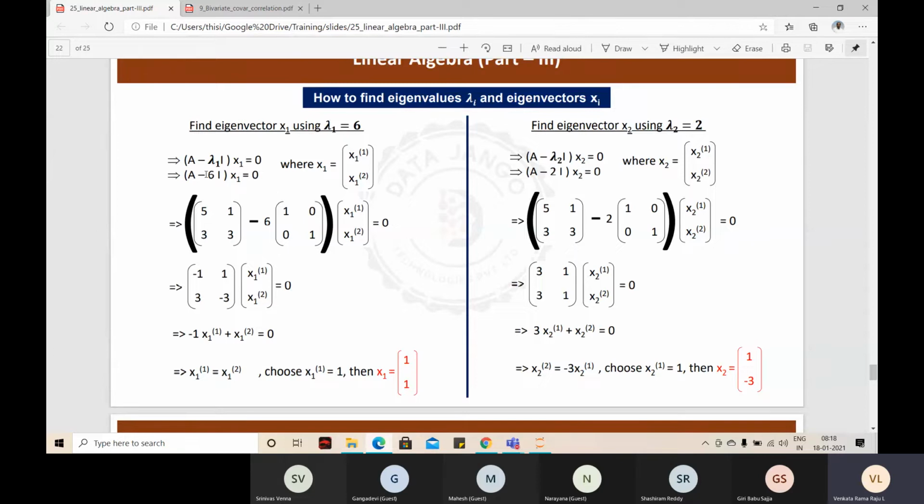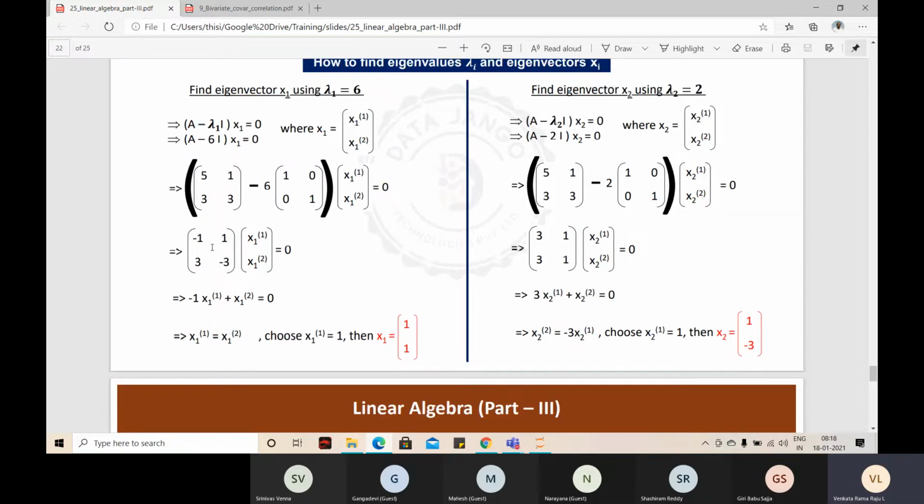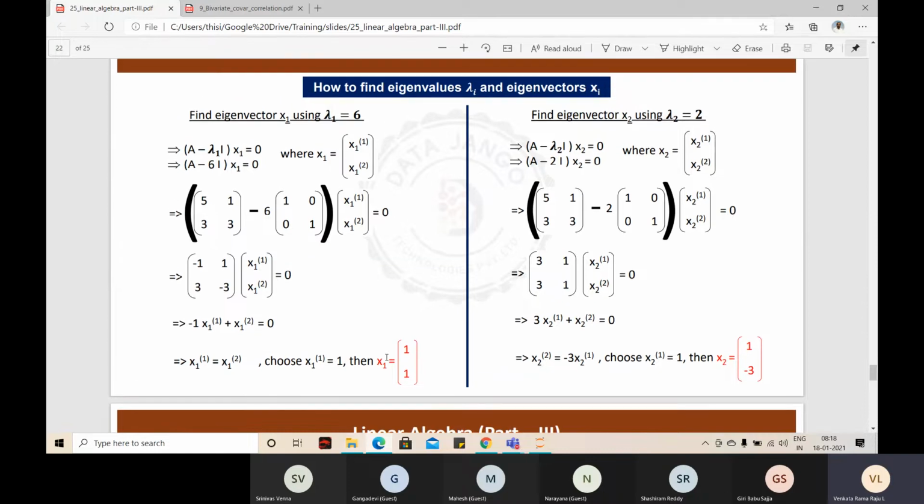What is lambda 1? I have taken 6 as lambda 1. We know A, we know I, we don't know x1 and x2. So I multiplied this and got x1 is equal to x2. I can take any value: 2, 2, 1, 1, 3, 3, 4, 4. Anything is an eigenvector there. But we'll take 1, 1 there.